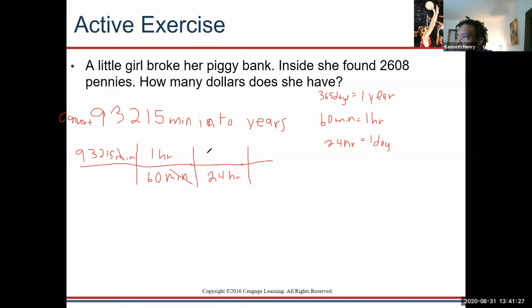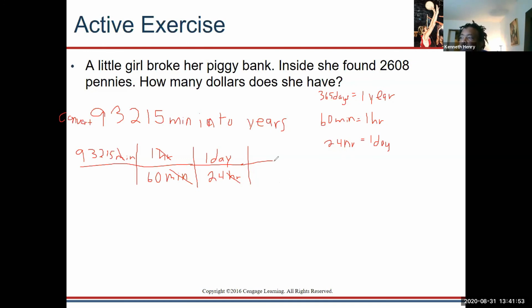The 1 day. So we cancel out the hours again. So now we have days.